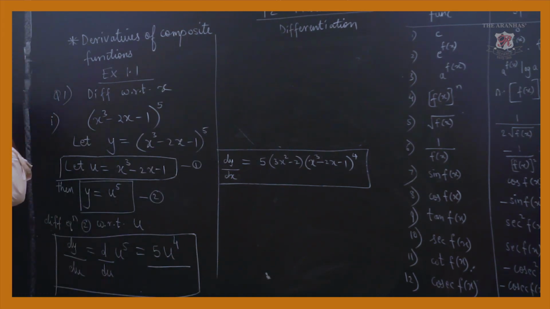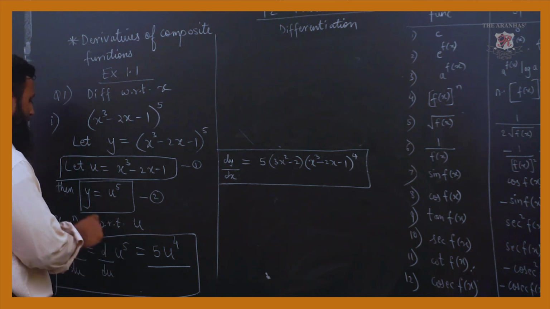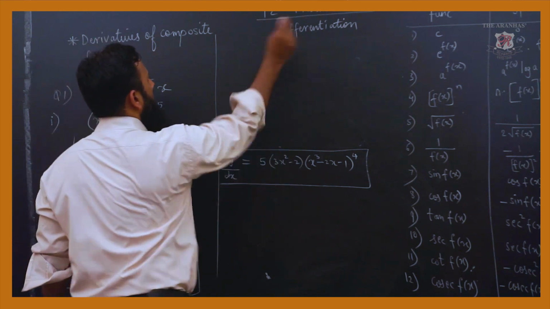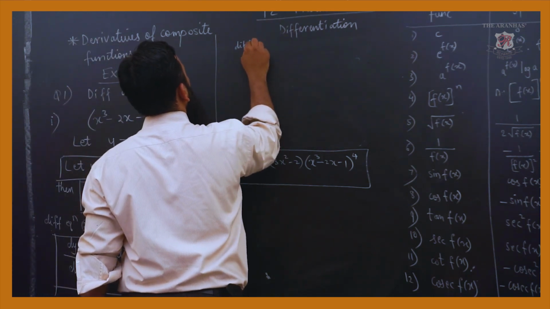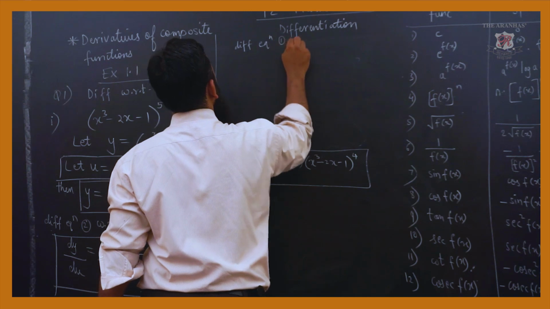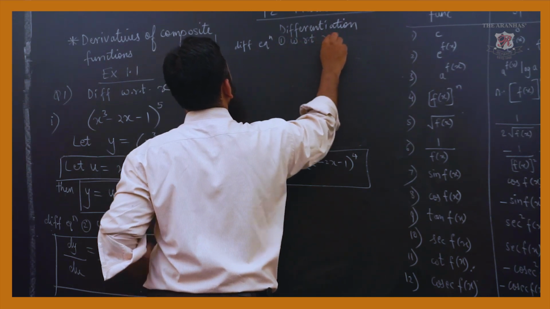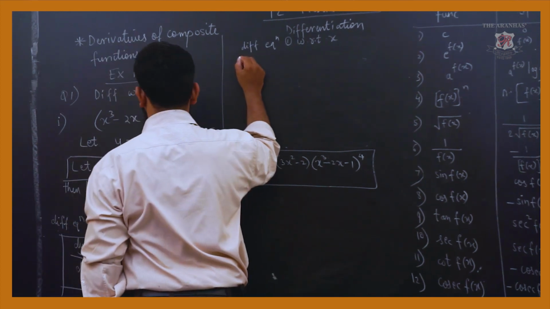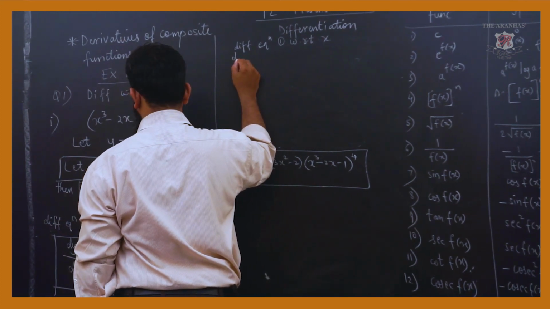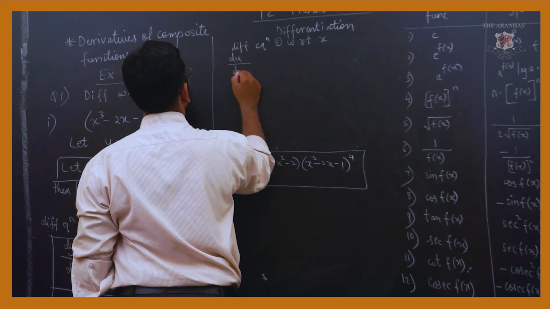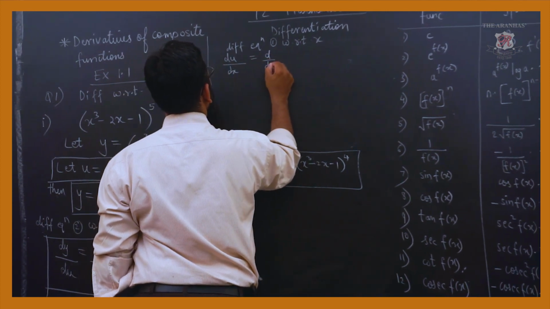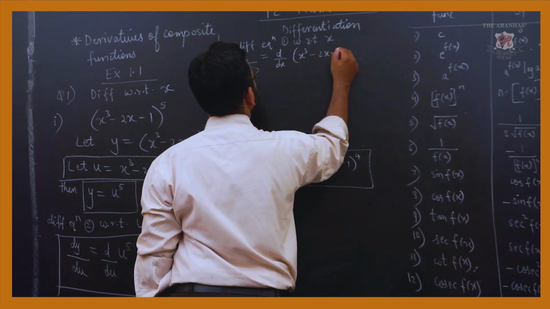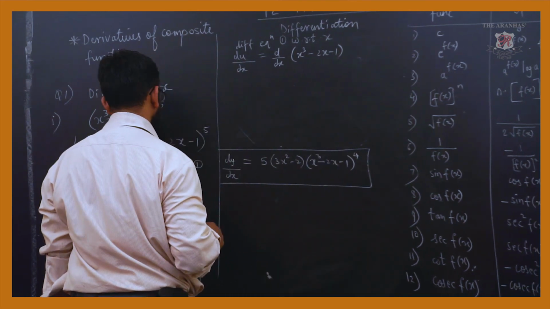Let us see further what happens if I differentiate equation 1 with respect to x. Differentiating equation 1 with respect to x, du by dx will be d by dx of x cube minus 2x minus 1.